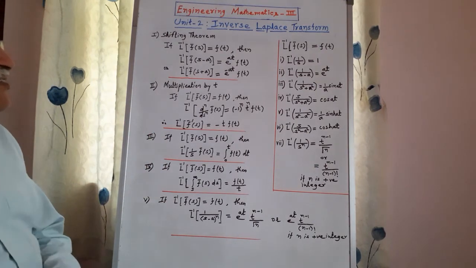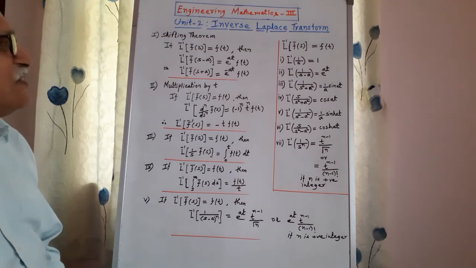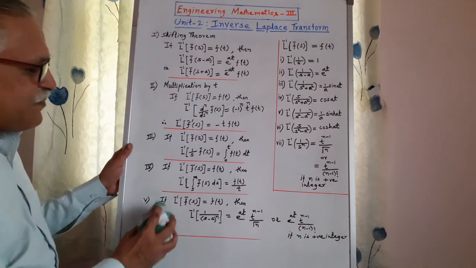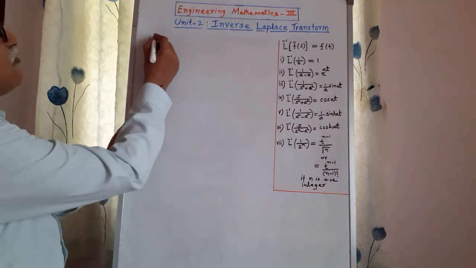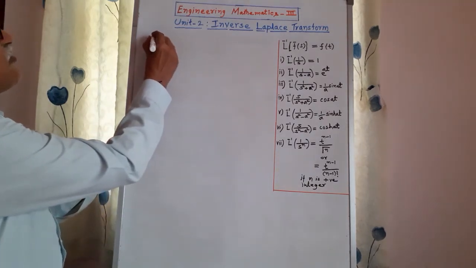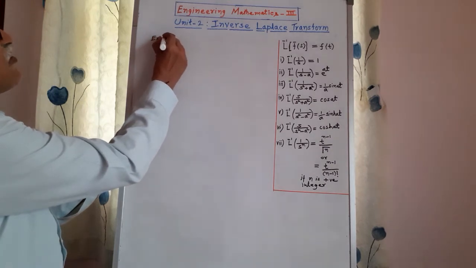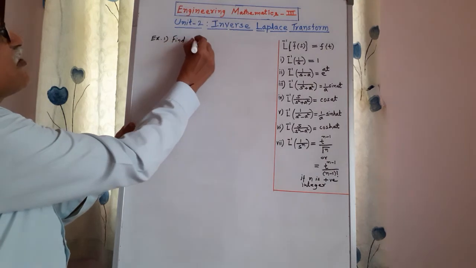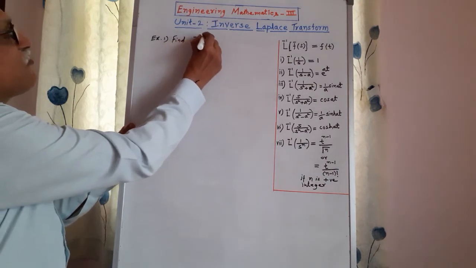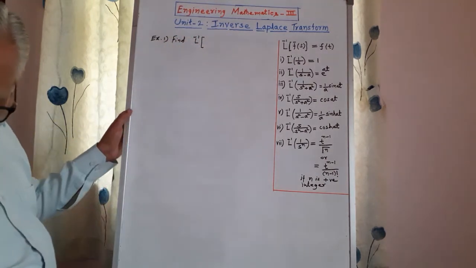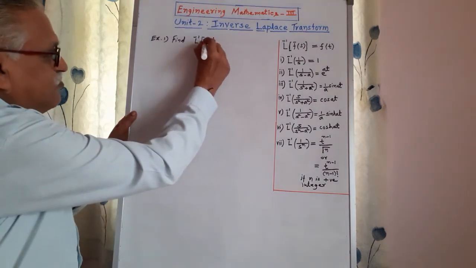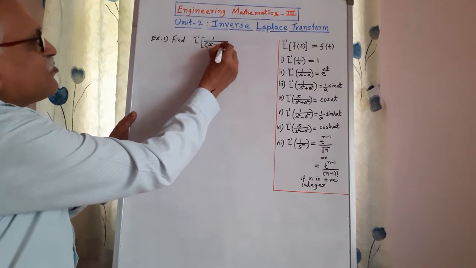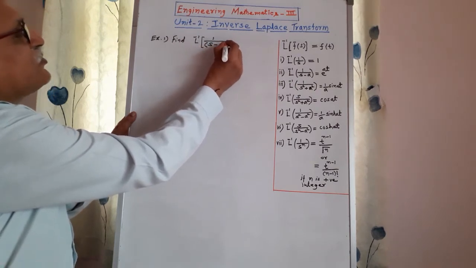Therefore, I will discuss some problems on how we can use these theorems to find the inverse Laplace. Find inverse Laplace of 1 upon s minus 4 whole raised to 3.